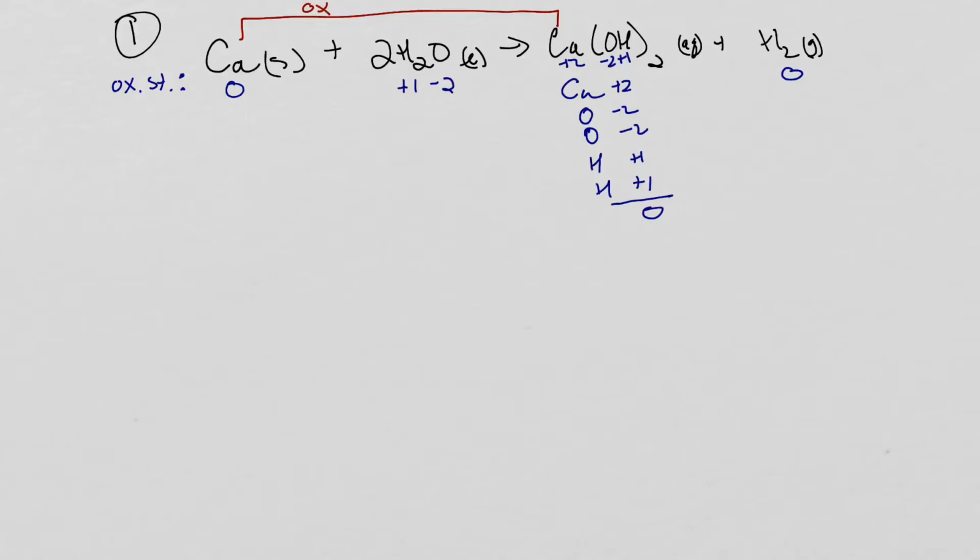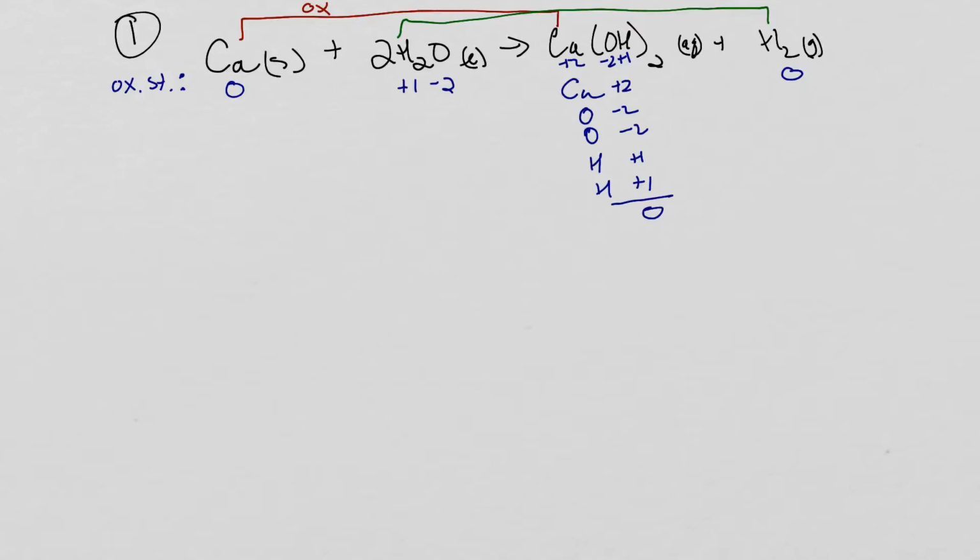Now, if we look for other changes, so notice oxygen doesn't change, right? It's negative 2 and negative 2. Hydrogen is positive 1. Now, there's positive 1, but there's also some hydrogen that has gone to 0, right? So some of our hydrogen has gone from a positive 1 to a 0, or it's getting more negative, right?